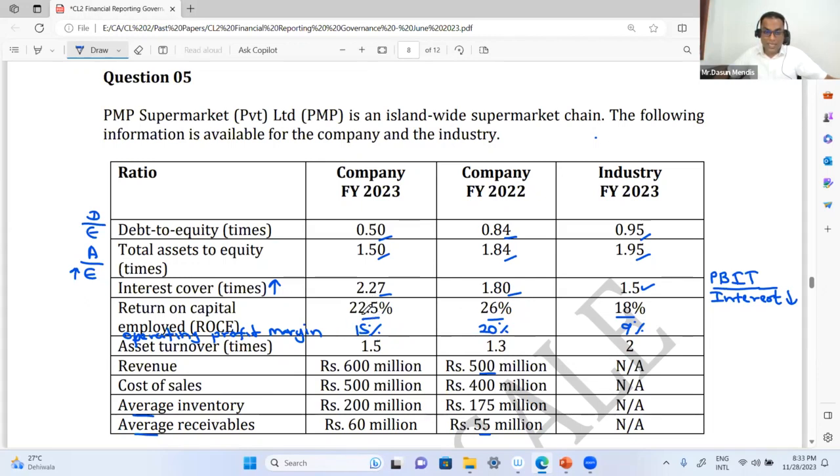But even though your operating profit margin has come down to 15%, you are far better than the industry, because the industry operating profit margin is 9%. So that's why you are maintaining a higher ROCE compared with the industry, even though your asset turnover is less than the industry.